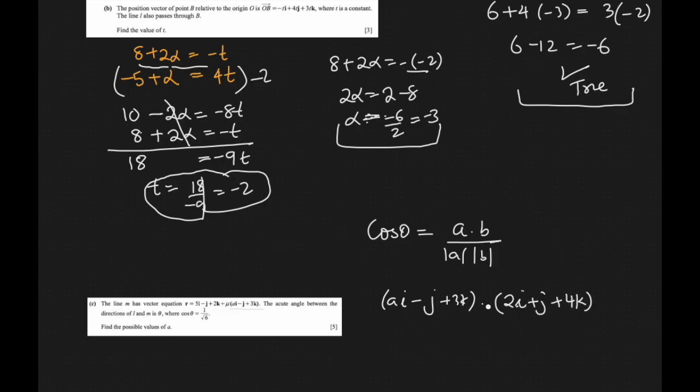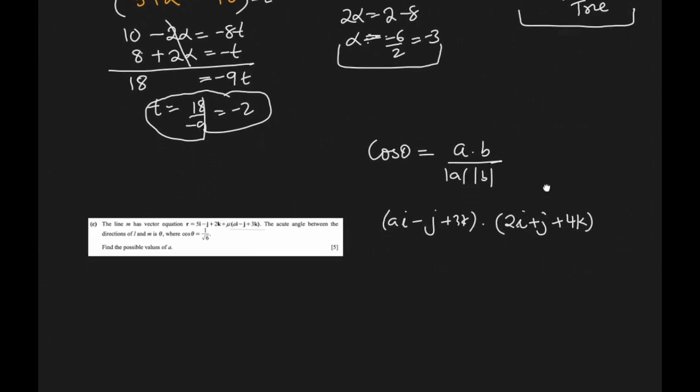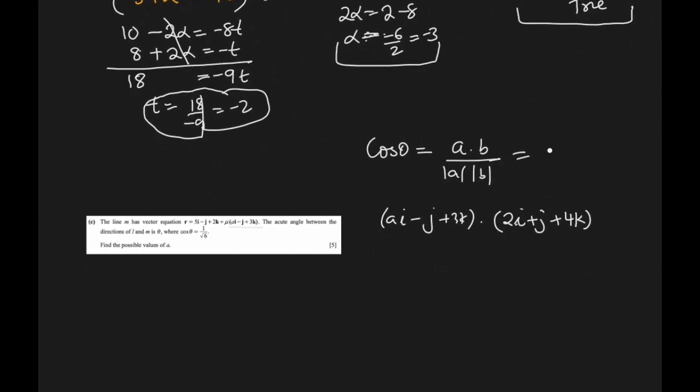That's what we will do. And they said this is equal to 1 over square root 6. So let me find the numerator first. I multiply a with 2, a times 2 is 2a. Minus 1 times 1 is minus 1. Then we have 3 times 4, 12. That comes out to be 11 plus 2a.